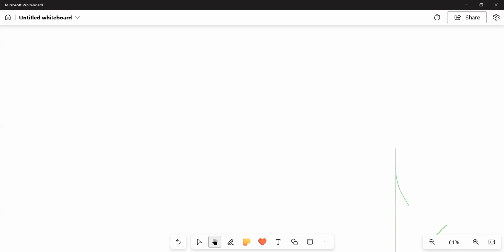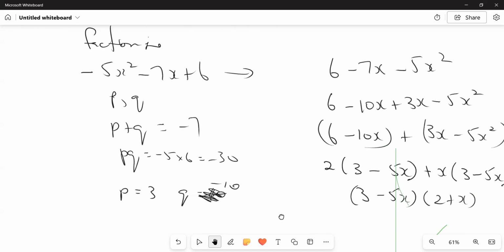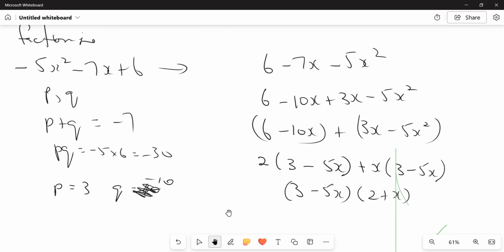In this one, if you put in 5x plus 3 and 3x plus 5, for this part here: 6 minus 10x plus 3x minus 5x squared.